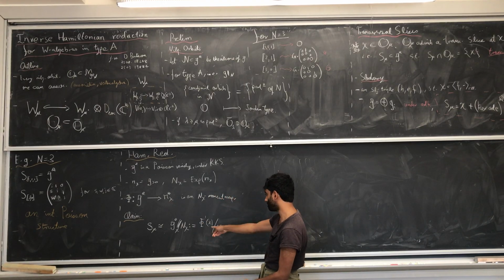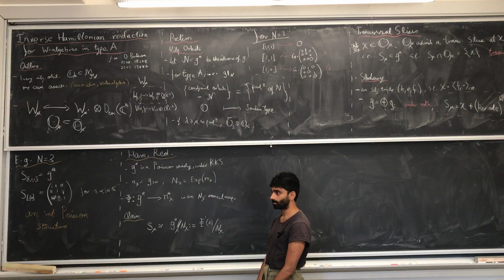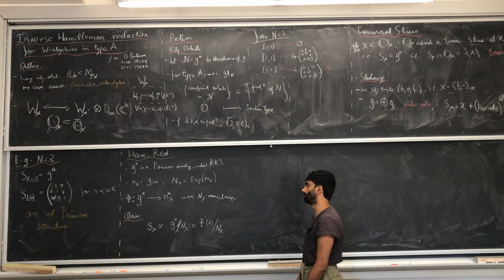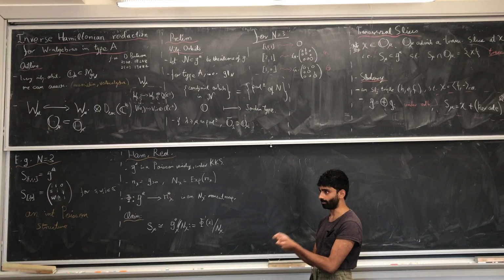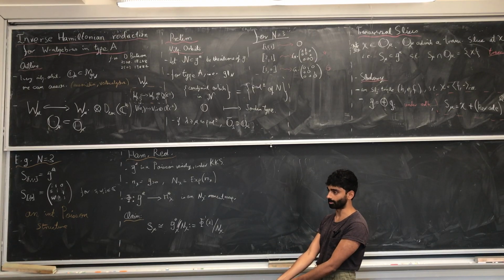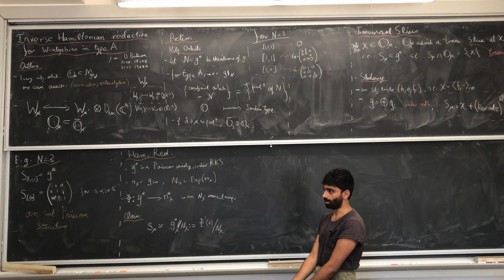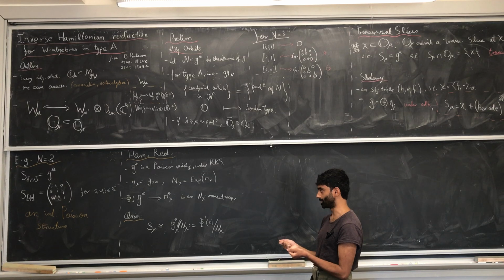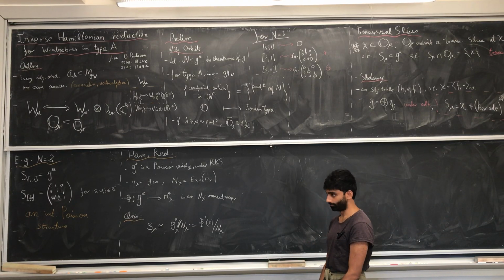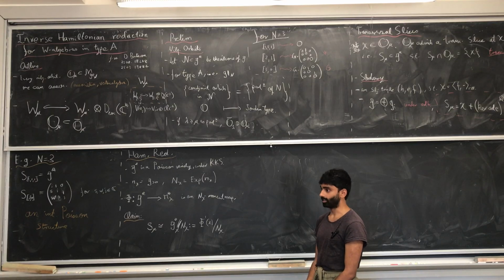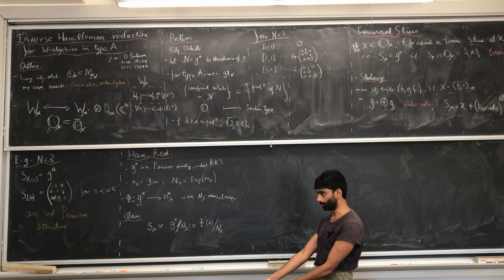You fix a VEV. So you're picking a VEV for the theory and flowing down to the IR theory corresponding to that VEV. You're giving a vacuum expectation value to the moment map operator in the Higgs branch, and you want to know what the resulting Higgs branch theory is at that point, after you've flowed all the way down to the IR.